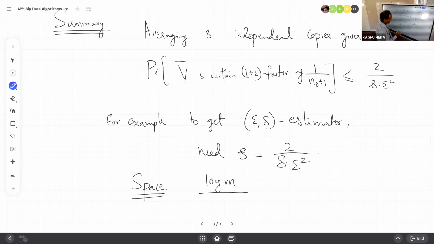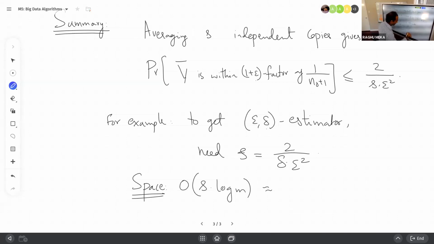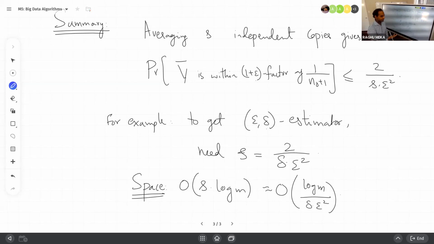So it's just S times log m, which is something like 2 log m over delta times epsilon squared, and the constants are also very small, which is amazing.